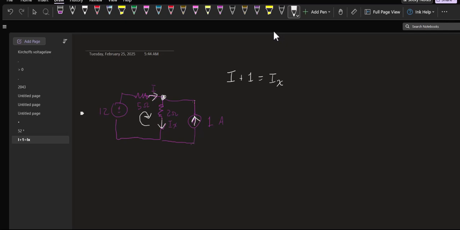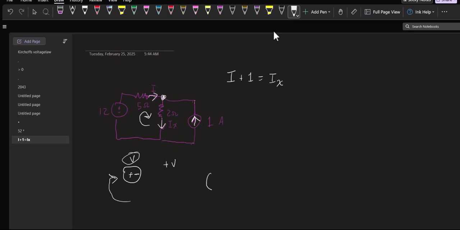So when you're doing KVL for a voltage source, if you are coming into the positive side of a voltage source as you make your loop, you're going to add plus whatever this number is. Regardless of whether it's positive or negative, you're going to do plus that number. So if that number is 6, you'll do plus 6. If that number is negative 5, you do plus negative 5.